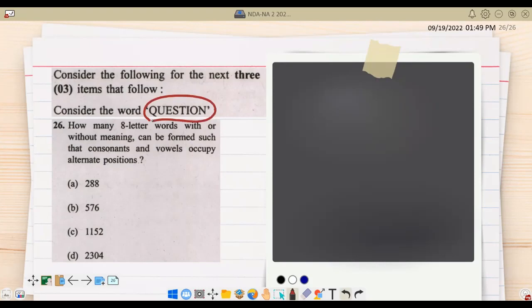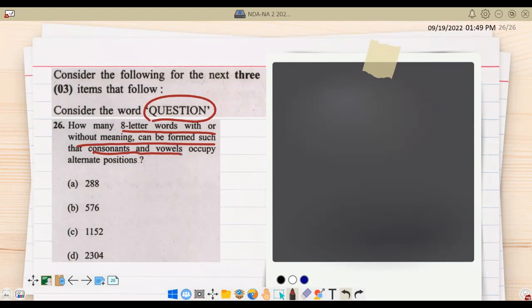This question also follows the word question. Here they have asked, how many letter words, with or without meaning, can be formed such that vowels and consonants occupy alternate positions. In the question, they have told that first vowel, consonant, and then vowel, consonant, like that, alternate positions we need to form with an 8-letter word. So it is actually an 8-letter word question itself.